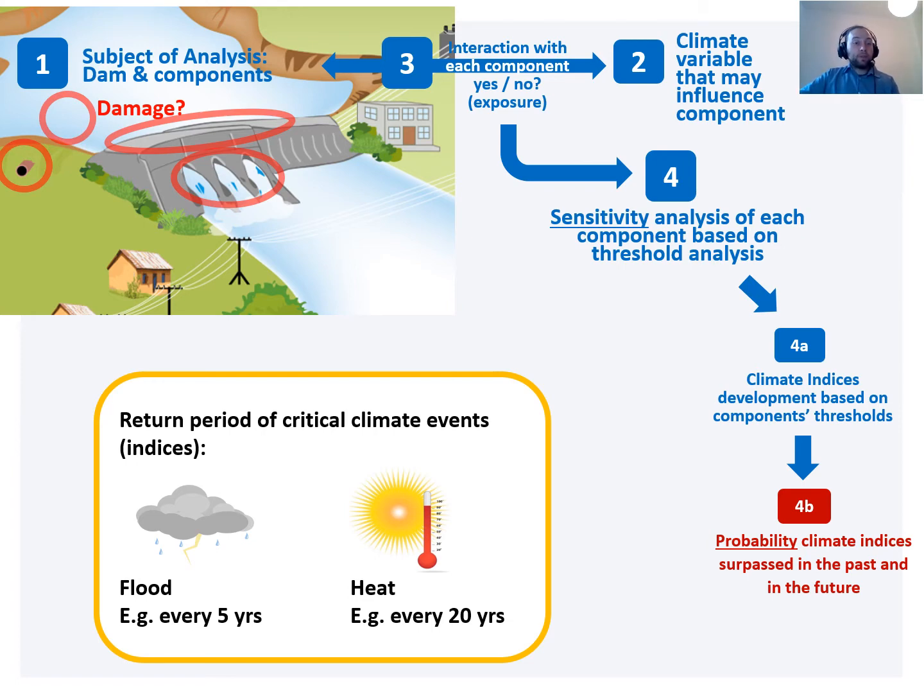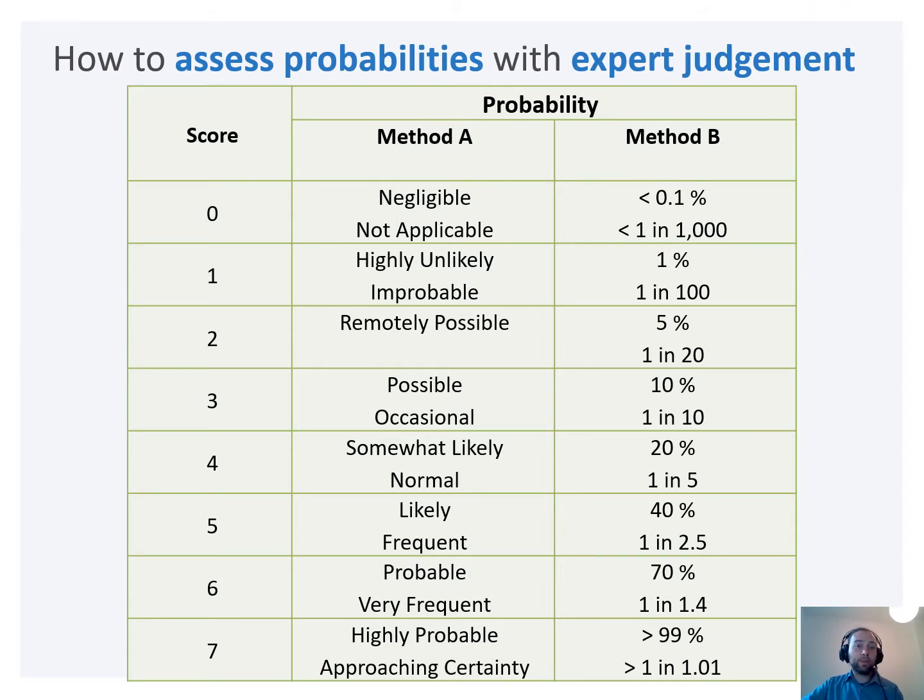Some climate events nowadays maybe only occur every 50 to 100 years, but in the future they might occur much more often, maybe floods every 5 years, so that the likelihood for critical climate events is increased. And as already discussed, it is not easy to look into the future.